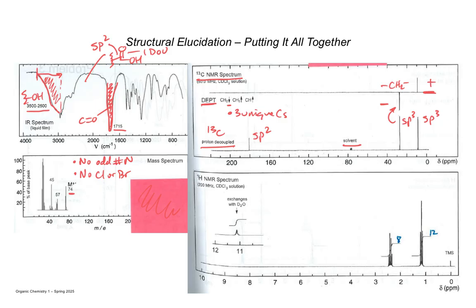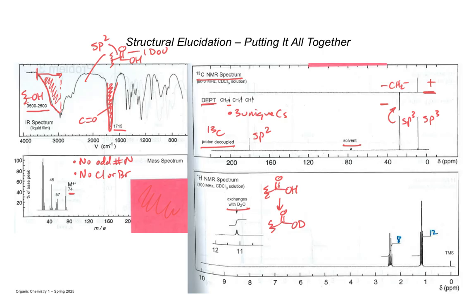So notice in the proton, it has this signal around 11 parts per million. It says exchanges with D2O. We already determined from the IR, we have an OH of the carboxylic acid. So what the proton NMR is telling us is that H exchanges with deuterium.